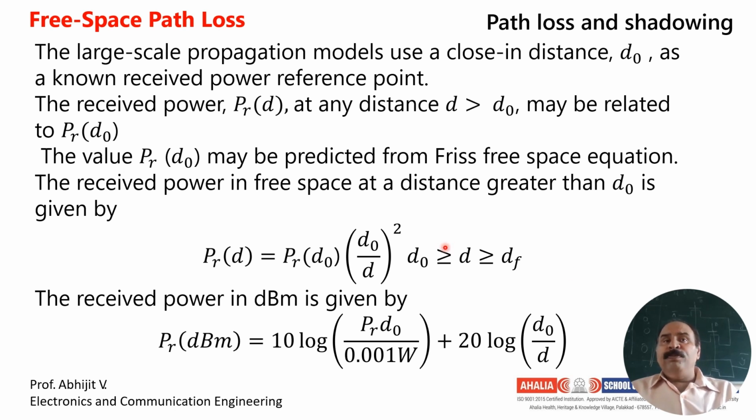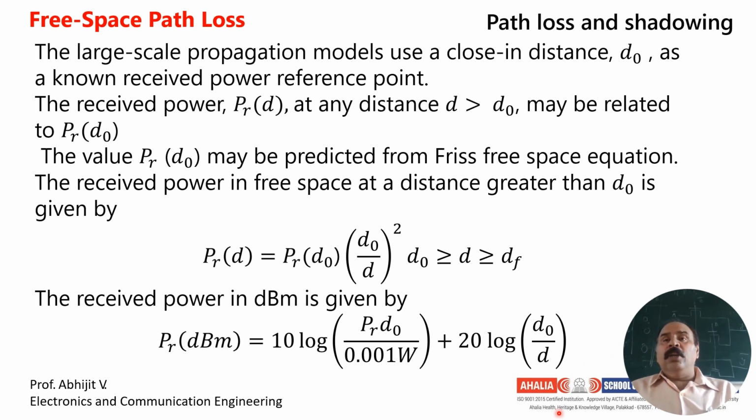Understood, all of you? Now the received power in dBm will be 10 log to the base 10 of PR of d naught by 0.001 watts, plus 20 log d naught by d.